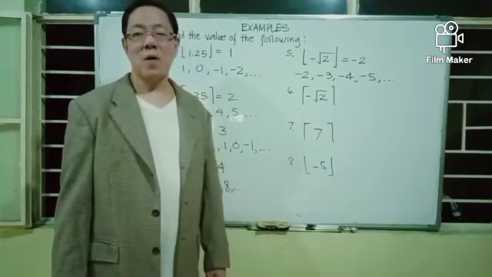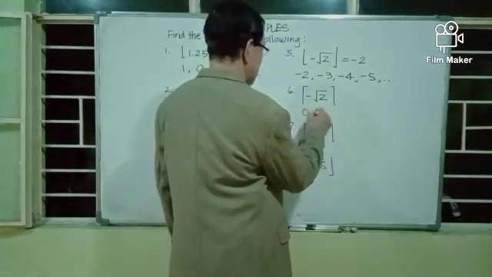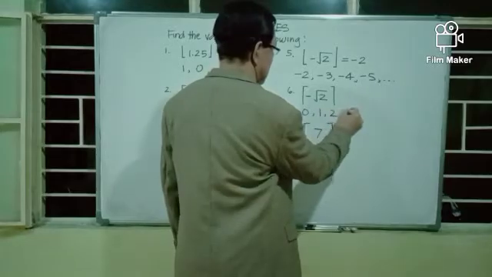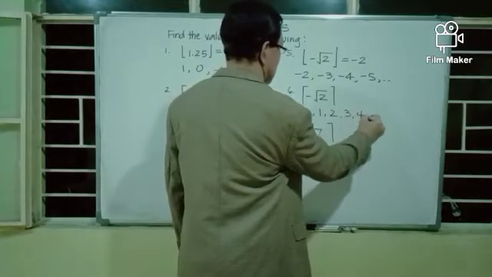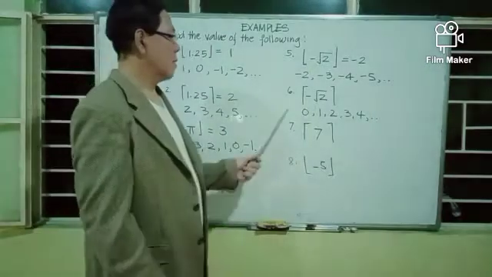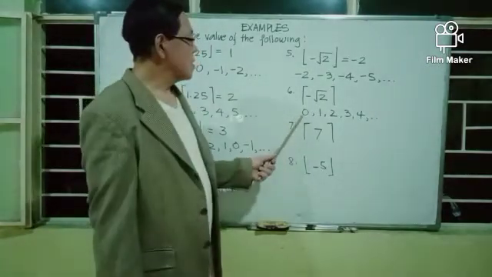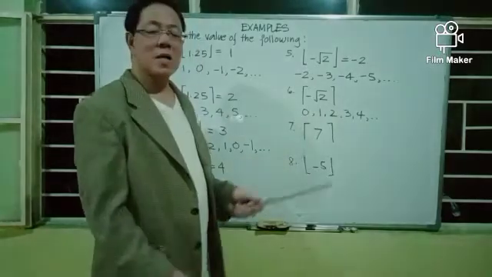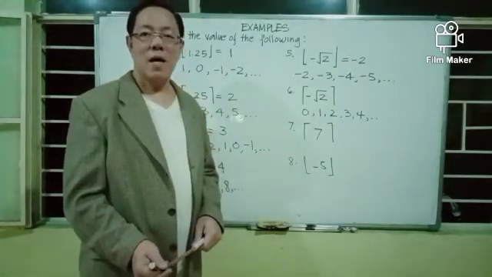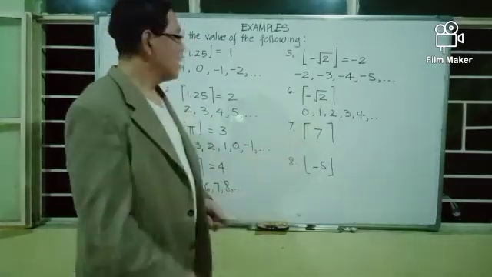We start from 0. Zero is an integer that is greater than negative 1.41.